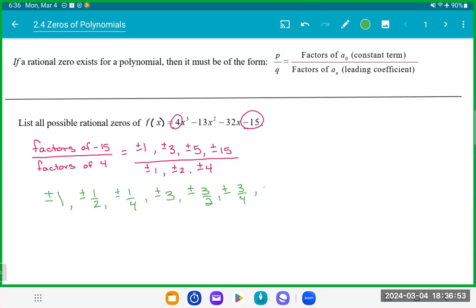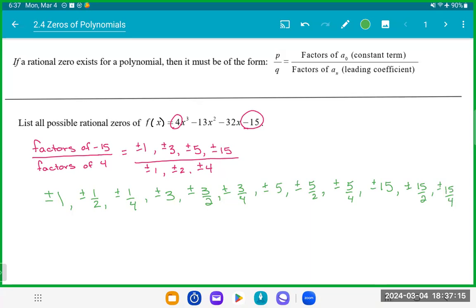So that is plus or minus 5, plus or minus 5 over 2, plus or minus 5 over 4. And then we move on to the 15, which is plus or minus 15 over 1, plus or minus 15 over 2, and plus or minus 15 over 4.